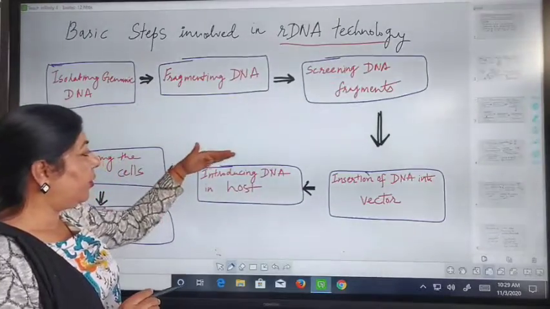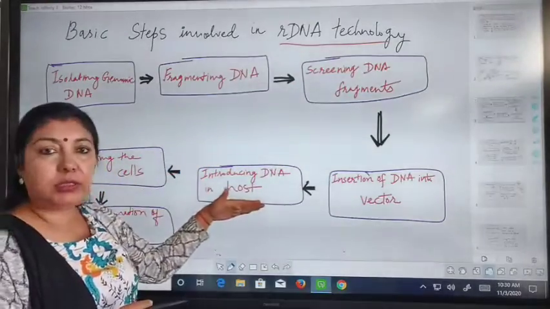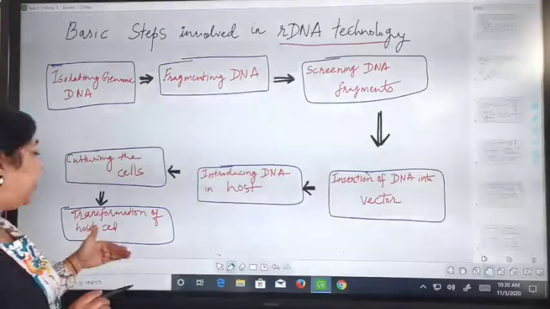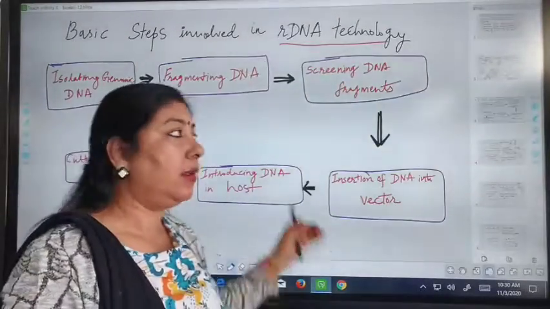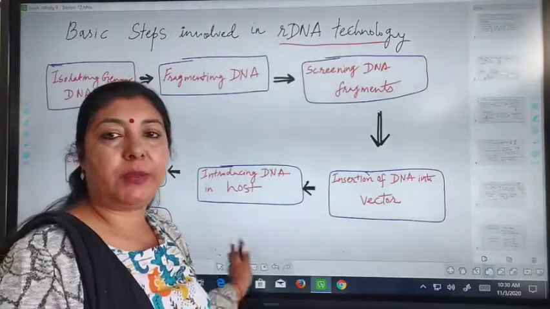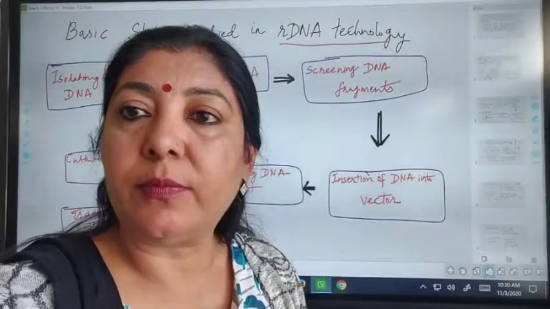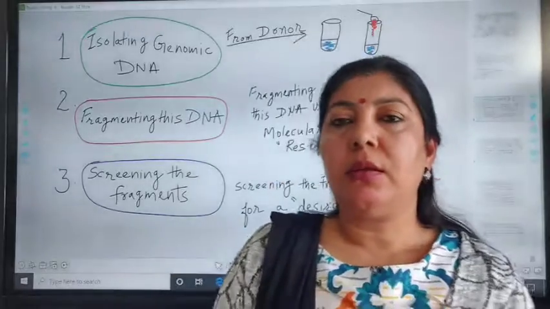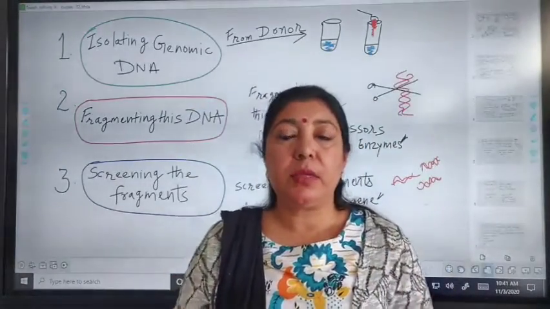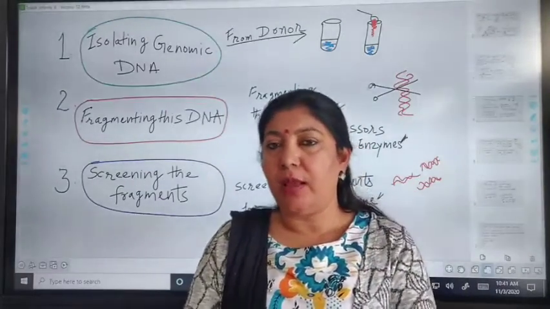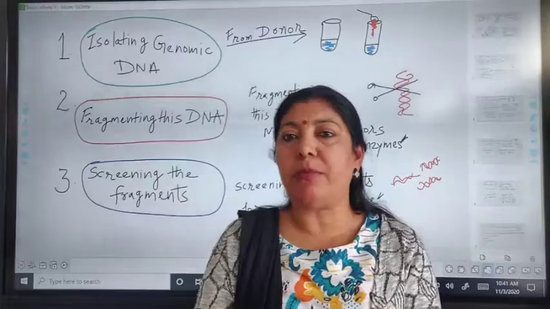And after that, introducing the DNA in the host, followed by culturing of the cell and then transformation of the host cell. So these were the different steps. We will study each step in more detail now. There are in all 7 steps in rDNA technology. Let's see these 7 steps one by one.